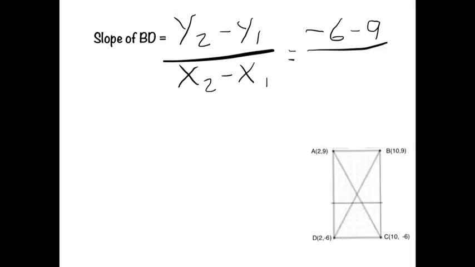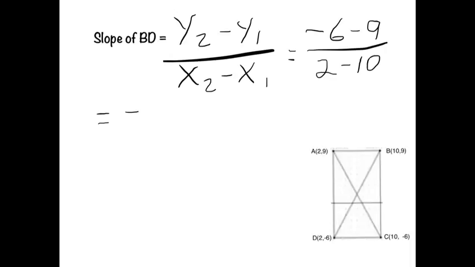But look at D and B. Now the x and the y coordinates are backwards from what we had before. So we've got 2 minus 10, which is a negative. That's important to see the difference there. If you mix up the order, you will get a negative slope, and this line clearly has positive slope. So that's the sanity check, the way to check your work on this.